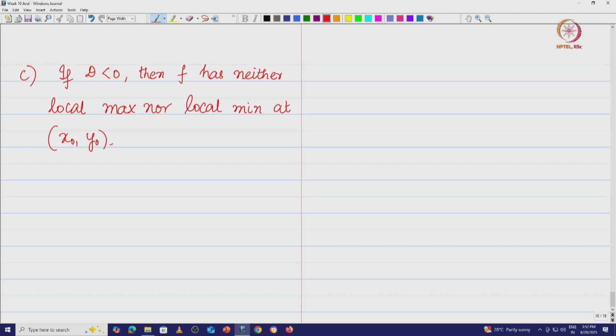So we have covered d greater than 0, then less than 0. The one important case which is left out is d equal to 0. This implies the test fails.